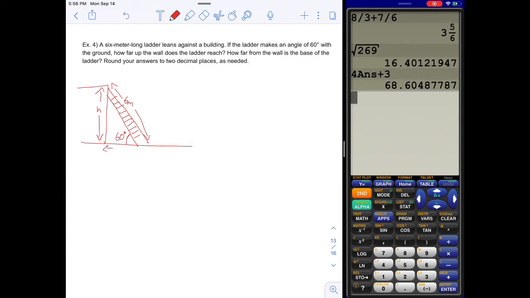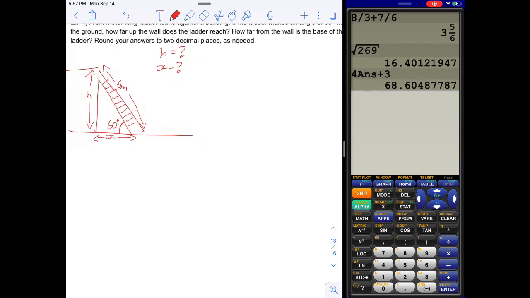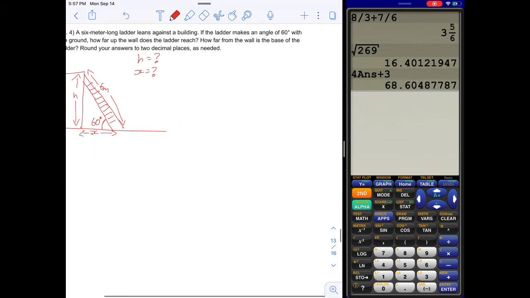So this, we're just going to make it x. So h is our question mark, and so is our x. We could further simplify this by just drawing this as a regular right triangle, with this being 6 meters, this being x, and this being h.